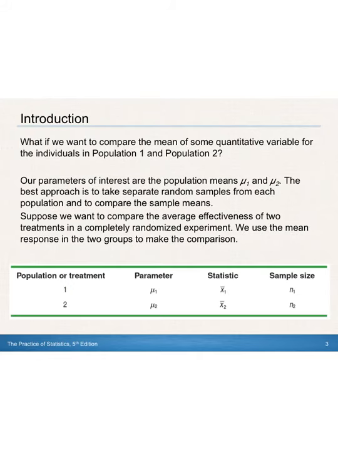Just like with the probability of the difference of two proportions, we're going to be looking at two different populations. Actually, use a highlighter. Two different populations. Right?